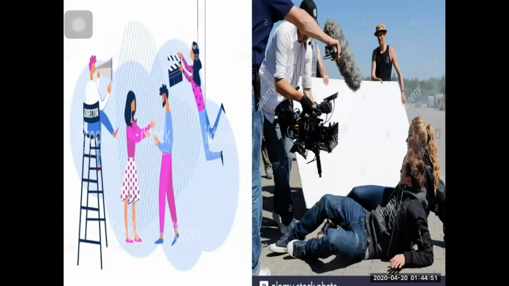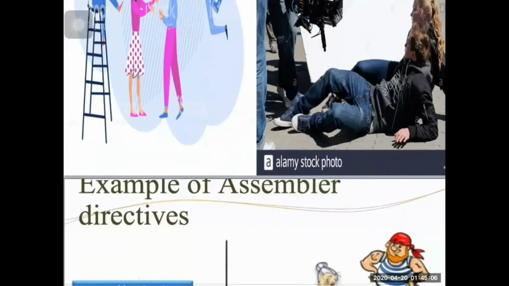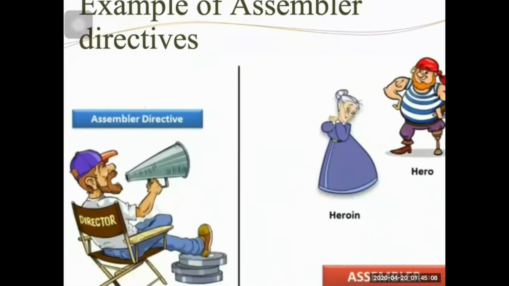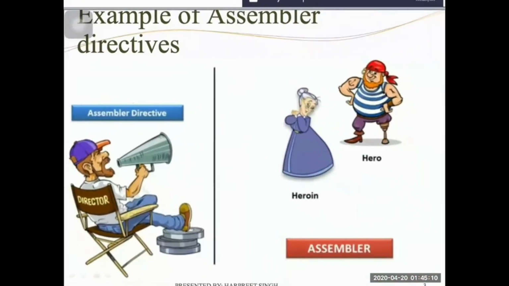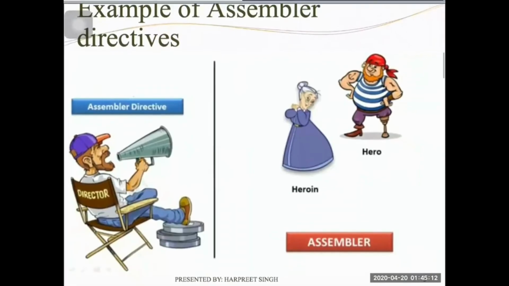But what will our hero and heroine indicate? They will act as the assembler. So in the final scenario, we are correlating our problem with a movie scene. This director will act as our assembler directive and our hero and heroine will be the assembler.